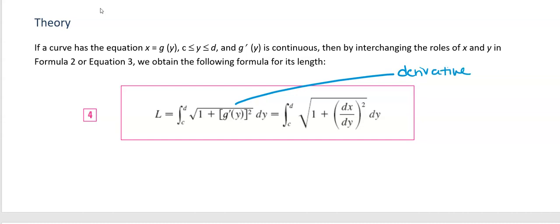You're going to find the derivative of your function and use that in your arc length formula. Another difference is that your A and B values, which here are listed as C and D, are y values from the points if you're given a point, not the x values. So those are the really main differences here. You're just working in terms of y.